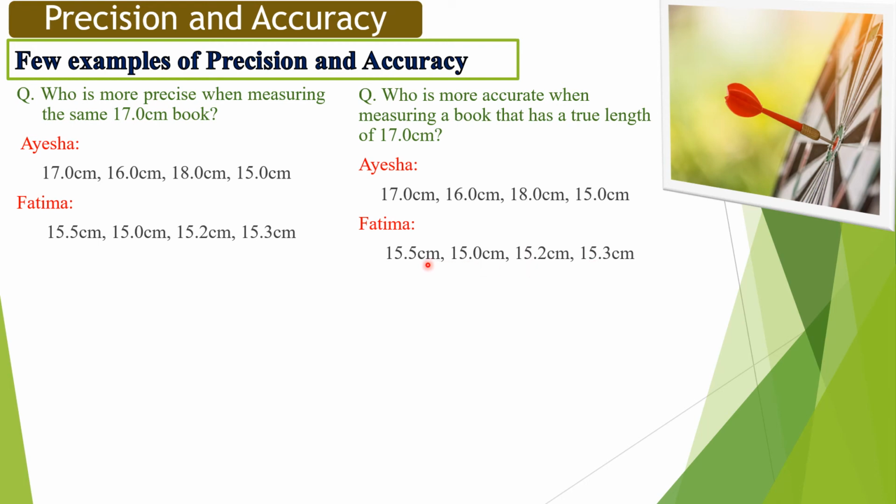As Aisha's experiment shows, the measured values are closer to the accurate value, near to the accurate value. That's why Aisha is more accurate when measuring a book that has a true length of 17.0 centimeter.